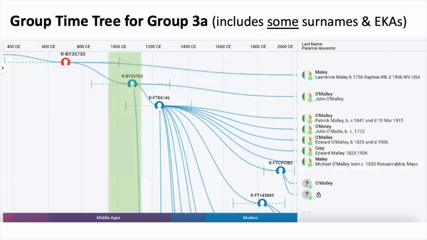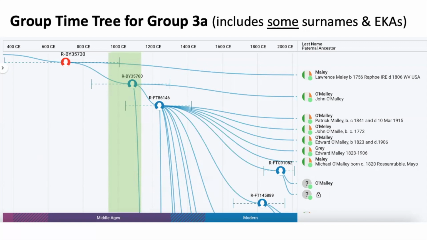So, very quickly running through the groups, I'll use group 3A as an example, because I've already done project updates for groups 1, 2, 4, 5, 6, and 7, and they're on the blog. They've gone up over the last week or so. This would be group 3A, and you can see that it includes the name of the test taker, the surname, and the name of the earliest known ancestor.